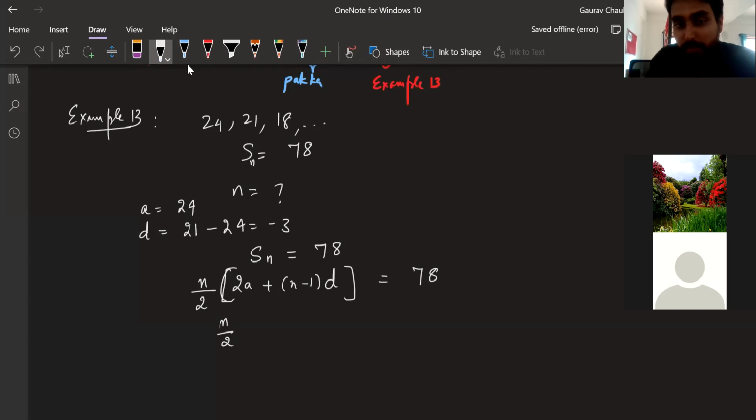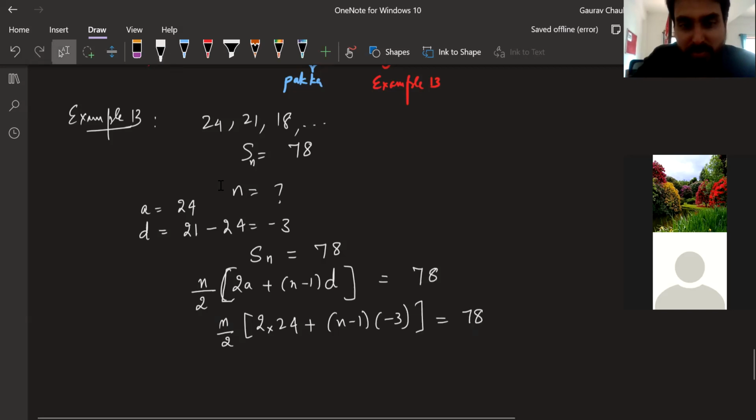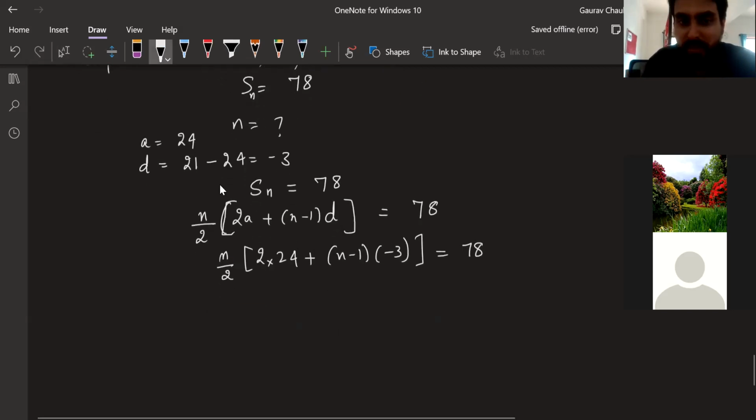So I have n by 2 into 2 into 24 plus n minus 1 into minus 3 is equal to 78. You can choose to divide it, or you can take this 2 to the other side, because this 2 is dividing everything on the left hand side.